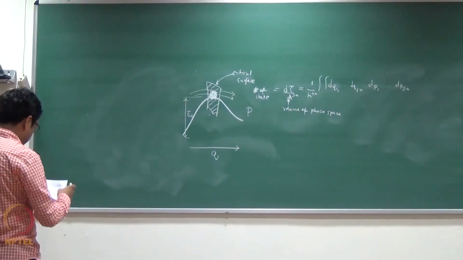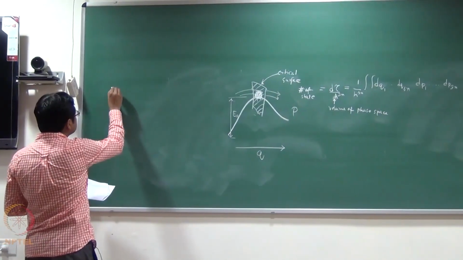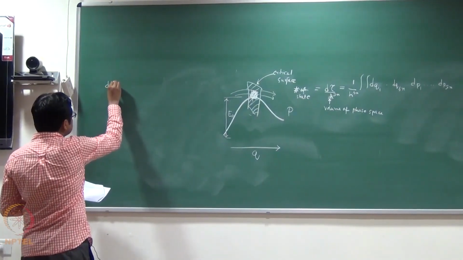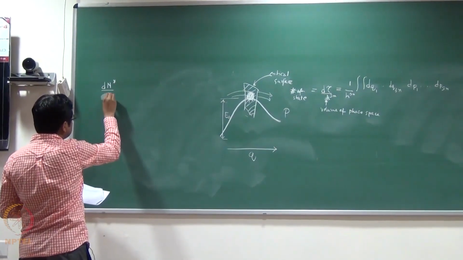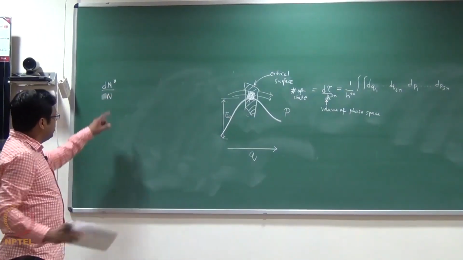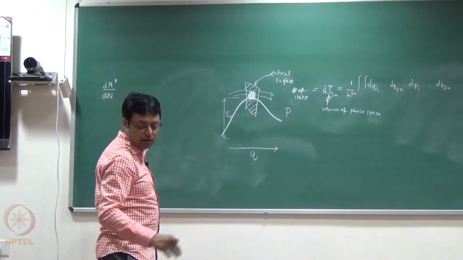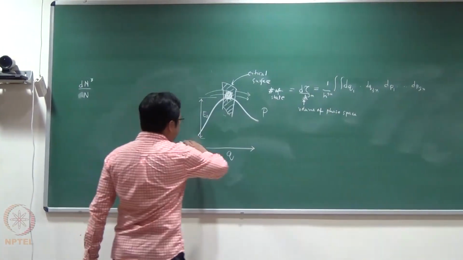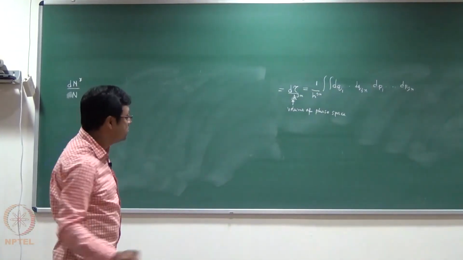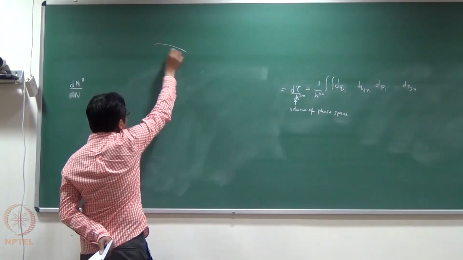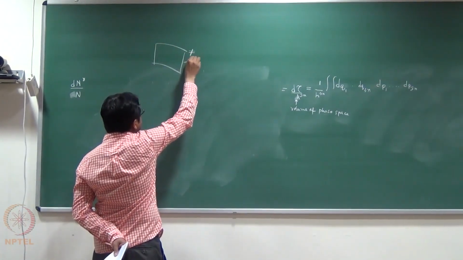So what I am trying to say here is that I am using a notation which is star. Star means, if I try to draw it again, that I had a surface, and any state on the surface I will just denote by dagger.